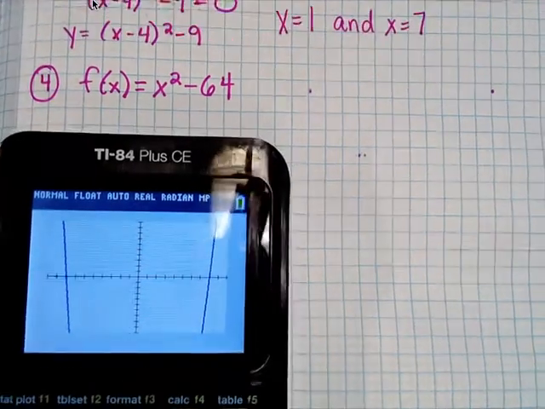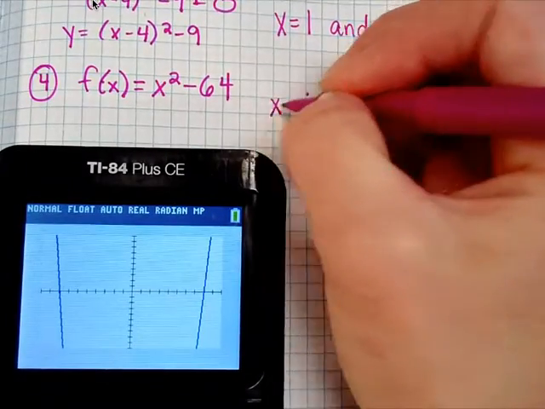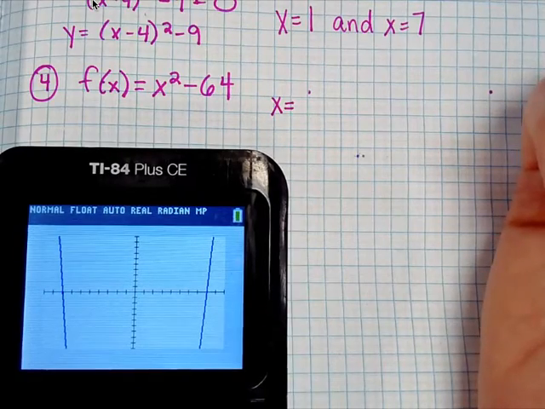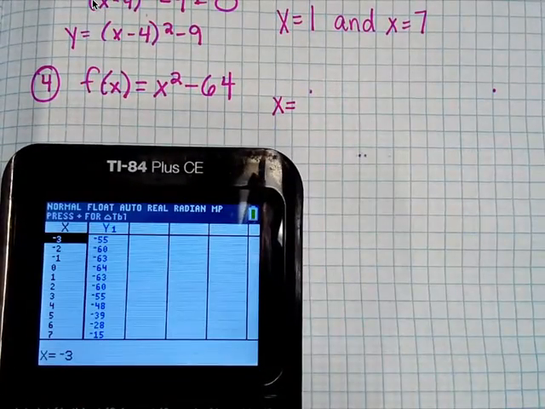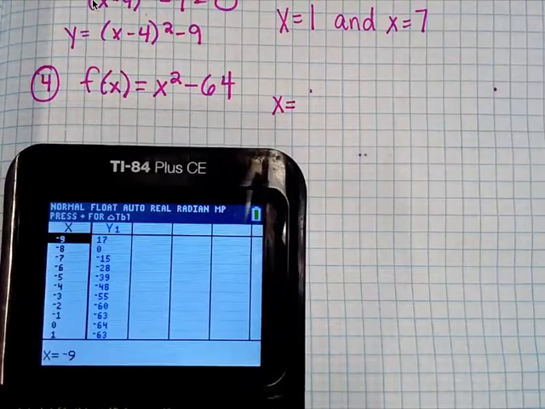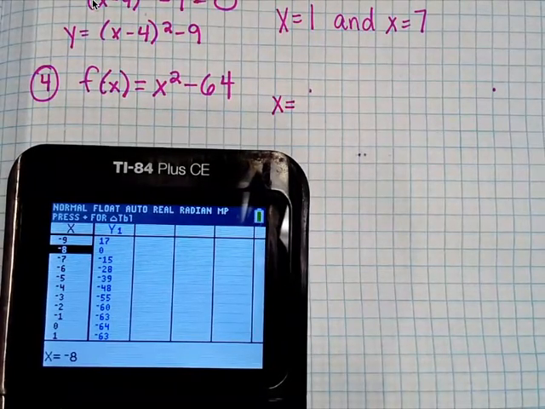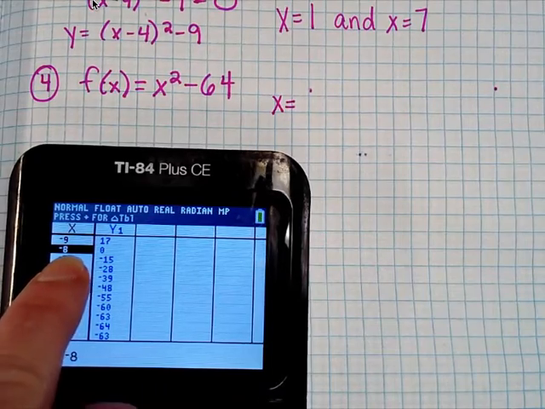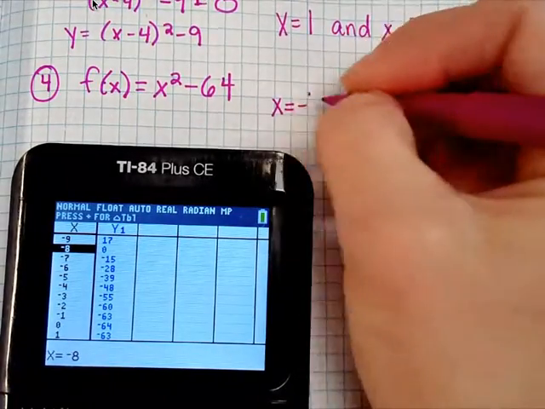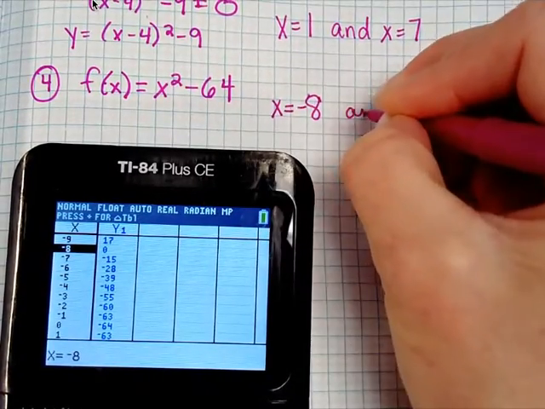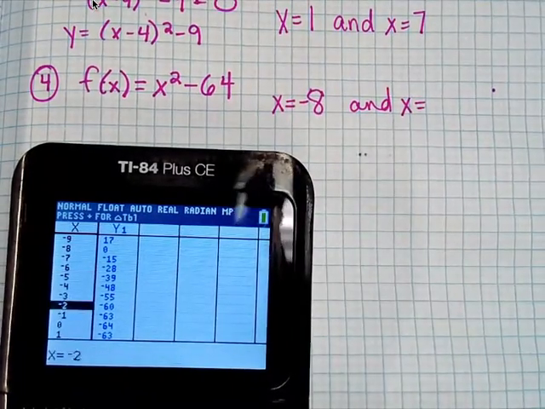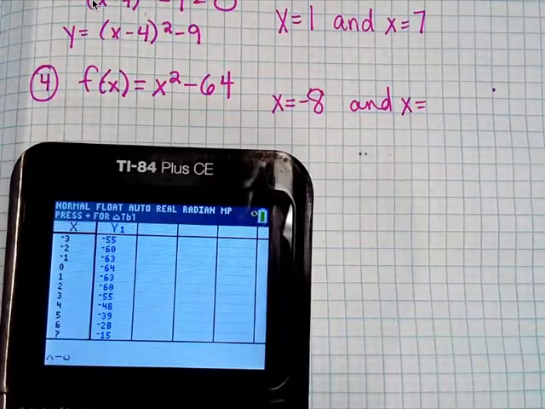So you can count them. You could also go to the table and see where y is equal to 0. If you look at your table, look at my table, -8, 0. So -8 is one of them. And +8, it's symmetrical.